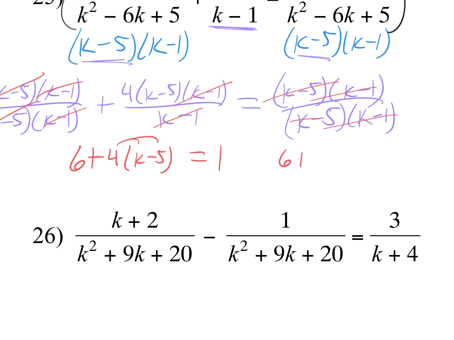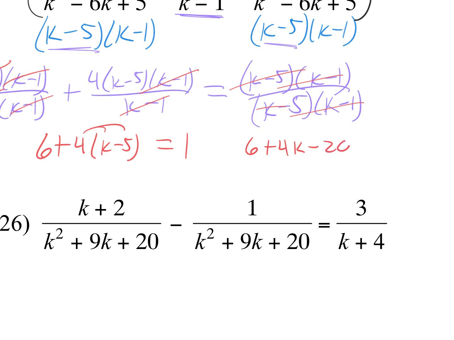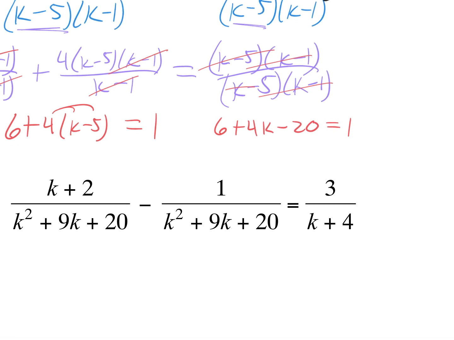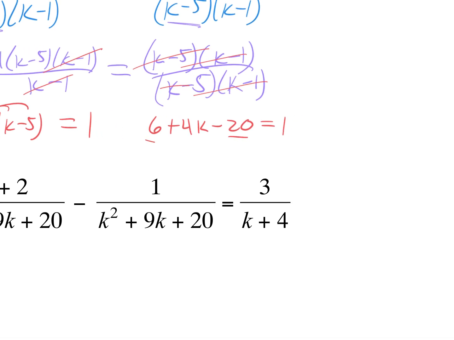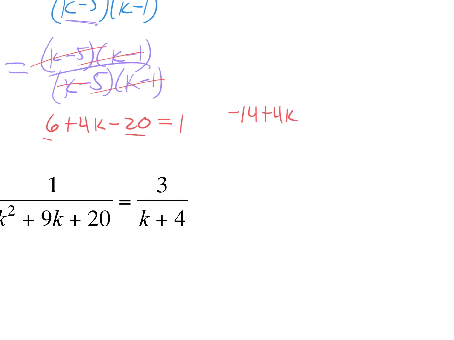Now distribute the 4. We get 6 plus 4k minus 20 equals 1. Combine like terms, so we get 6 minus 20 is negative 14 plus 4k equals 1. Add the 14 on both sides.